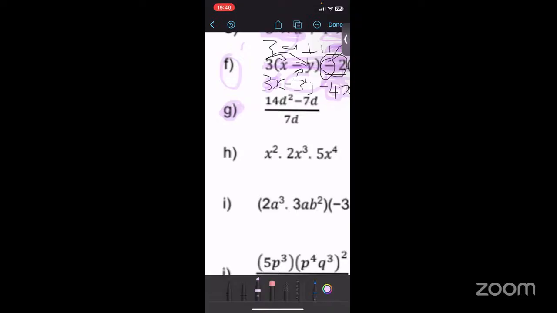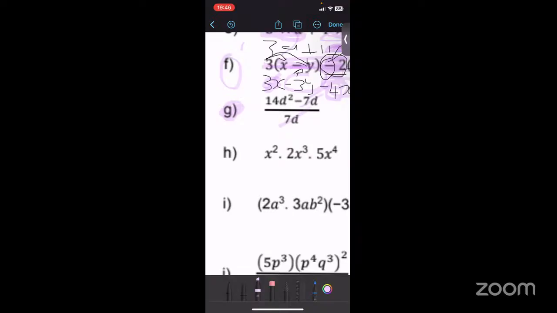Okay, ma'am, in my opinion, I was thinking that the 7D under and the 7D on top cancel each other because they have the same base and the same number.